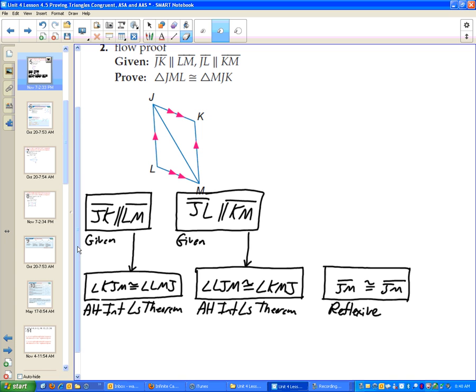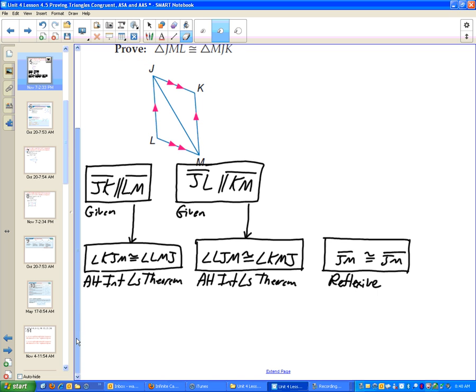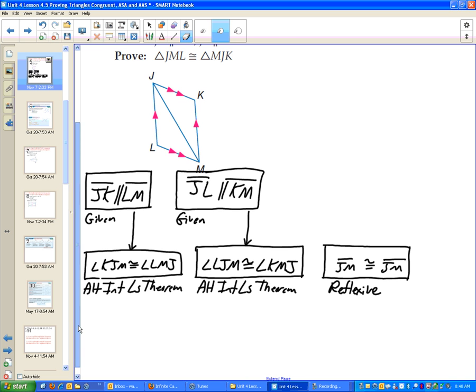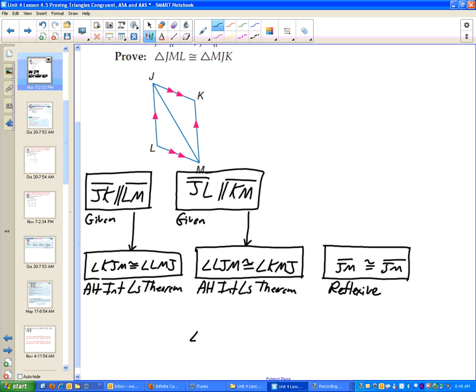Is it required? No. As long as it's in there somewhere and you can draw arrows from it leading to our conclusion. Because now that we've got our two pairs of congruent angles and that one pair of congruent included sides, we can state that the triangles are congruent. So our final statement is triangle JML is congruent to triangle MJK.